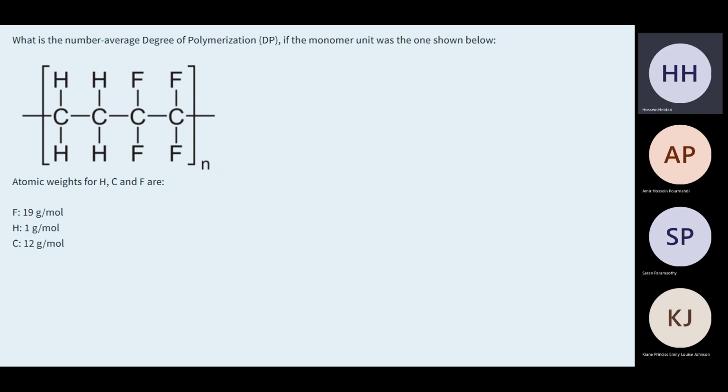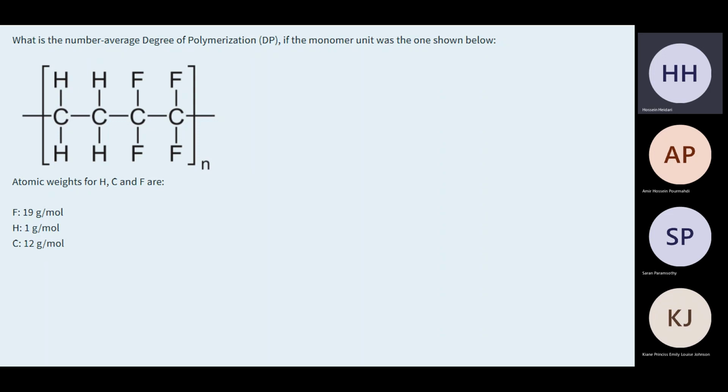So is this the monomer? It's what we call the repeating unit, right? It's missing the two H's on the two sides, okay? So it's basically the monomer, apart from it's inside the polymeric chain, so it's missing the two terminal hydrogens.